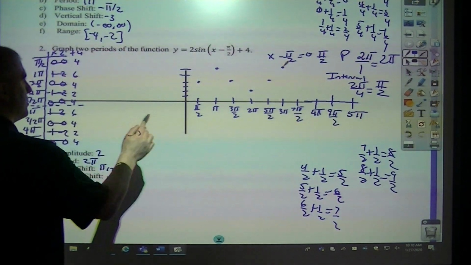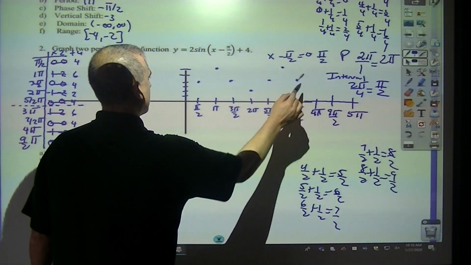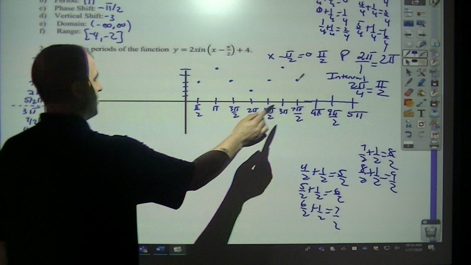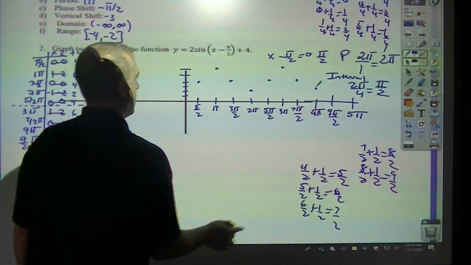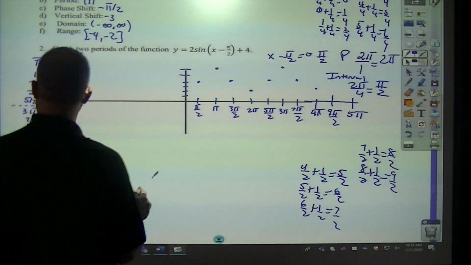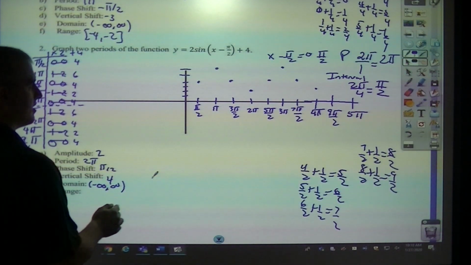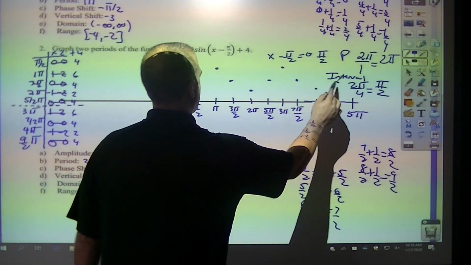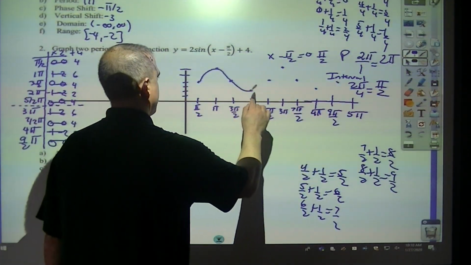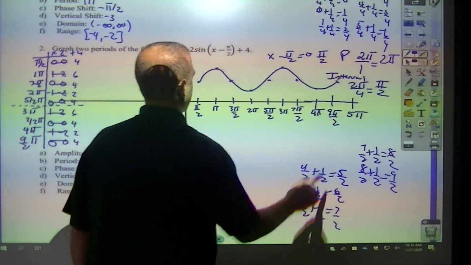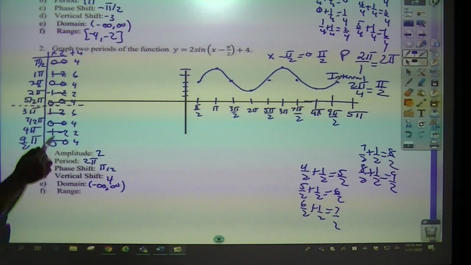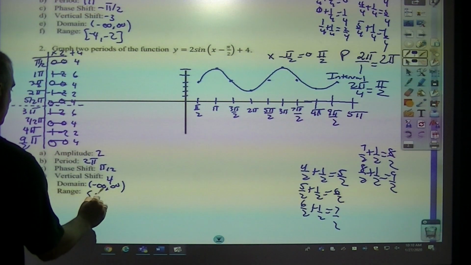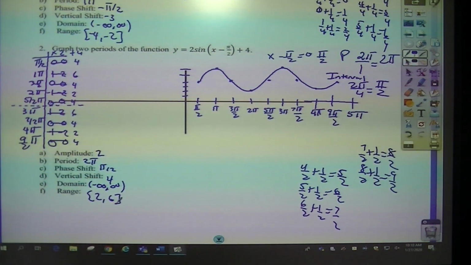At 7 pi over 2, I'm at 4. At 4 pi, I'm at 2. At 9 pi over 2, I'm at 4. So this is what my graph looks like. Okay, 2 periods. My range will be between 2 and 6.